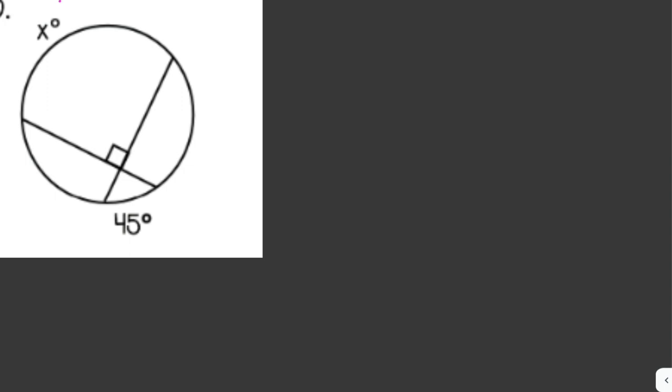If two secants intersect inside a circle, the measure of the angle, let's say this is angle 1, is equal to half of the sum of the major arc and the minor arc.